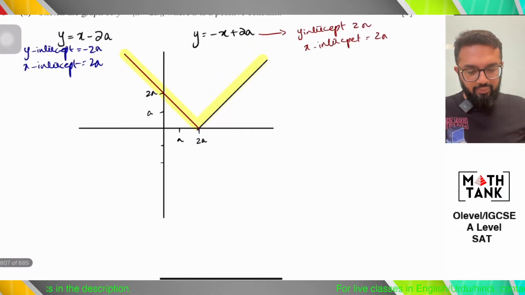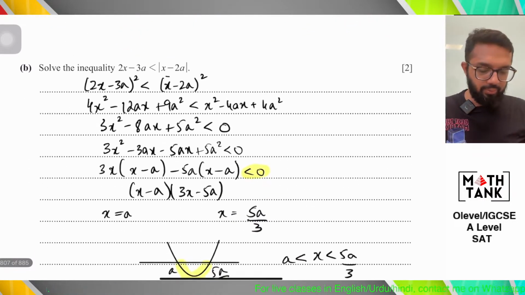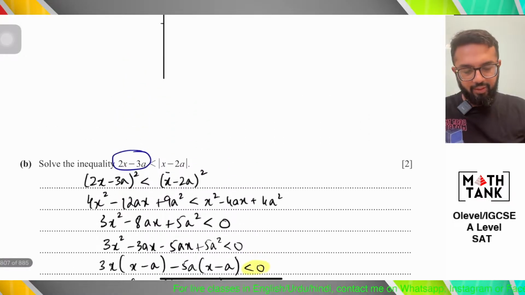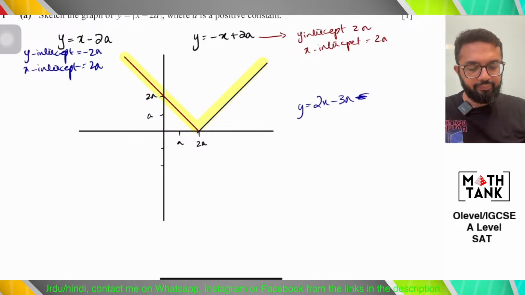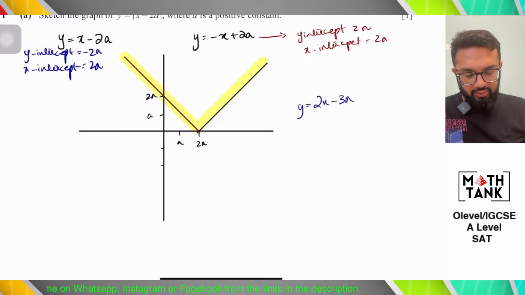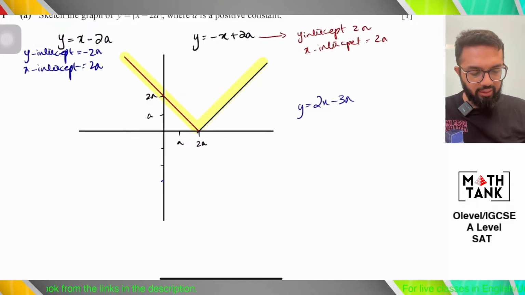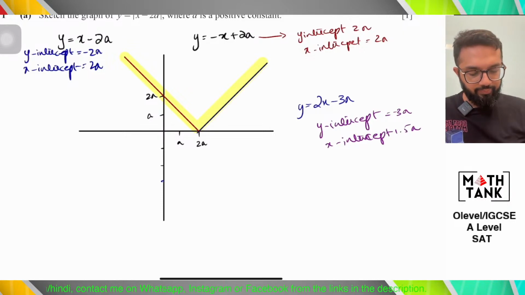The better way of doing this question would have been to sketch the line 2x minus 3a on this graph only. How do you sketch this line? Minus 3a is my y-intercept and my x-intercept is going to be 1.5a.